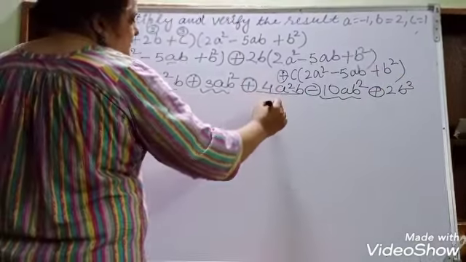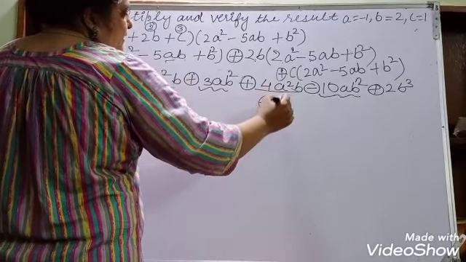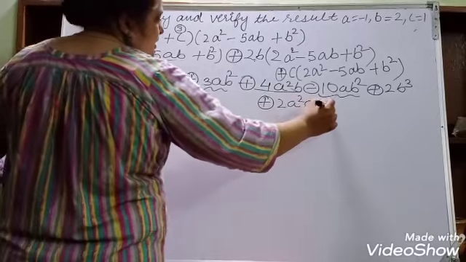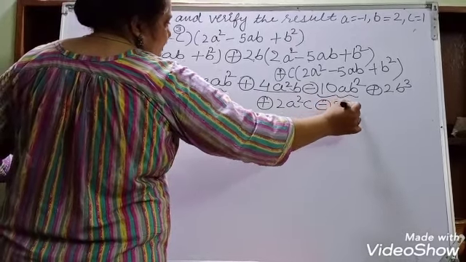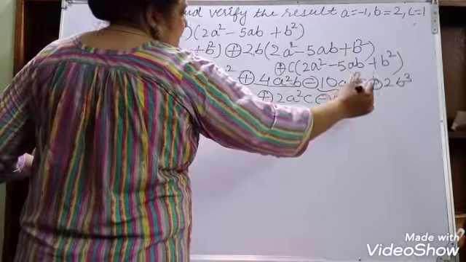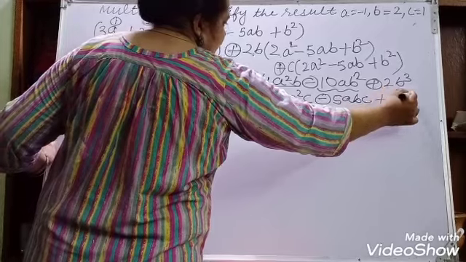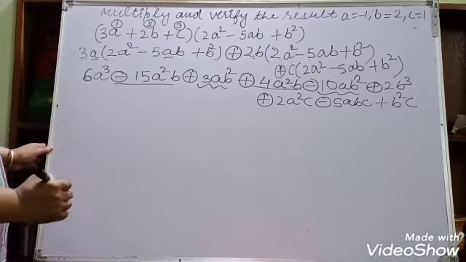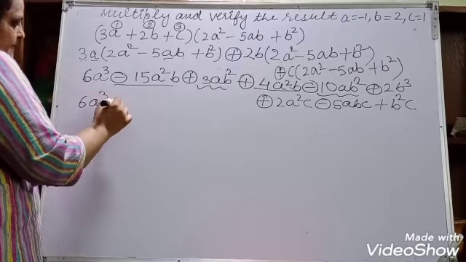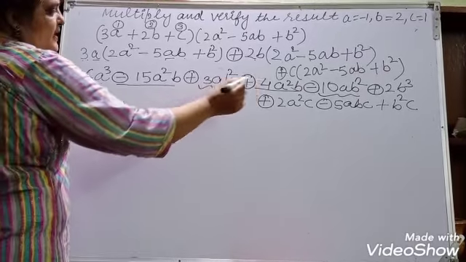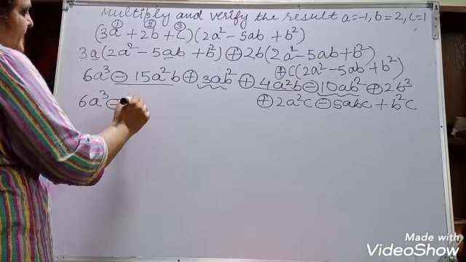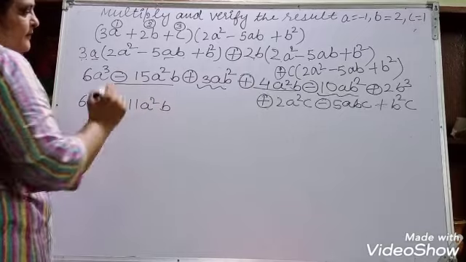Now plus c. C into 2a square will become 2a square c, minus 5ab into c will become 5abc, plus b square into c will become b square c. So we will solve like terms. 6a cube, minus 15a square b minus 4a square b will become minus 19a square b.